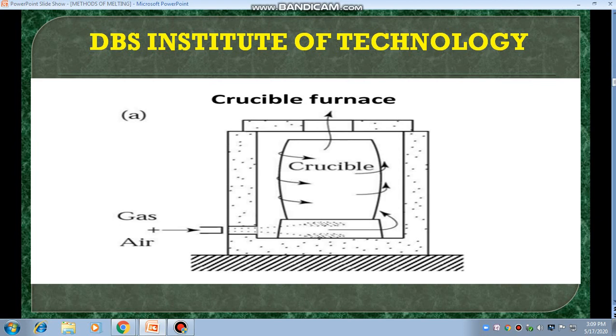This is the model of a crucible furnace. You can see here from one side gas and air are entering inside the furnace. We will see more details in the next slide.